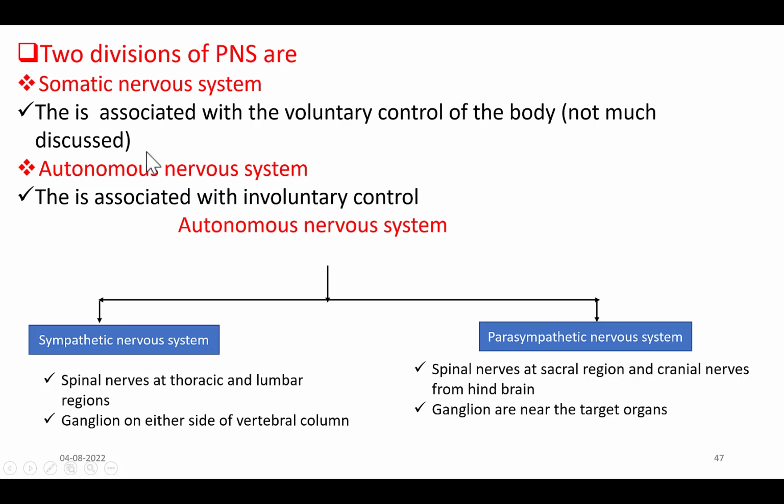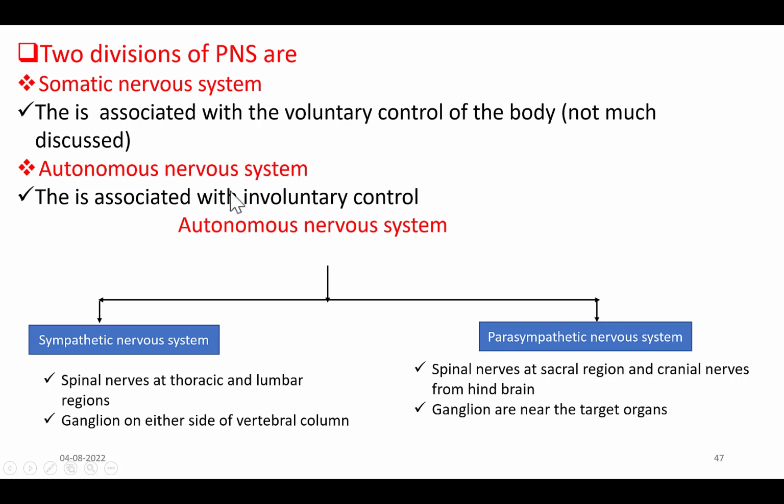Now coming to the next division, that is the autonomous nervous system. This is associated with involuntary control. So this includes all the nerves that are involved in involuntary actions, that is the actions that are not in our conscious control. Examples are heartbeat, blood pressure, digestion, release of hormones, release of enzymes, etc. These are not in our control.